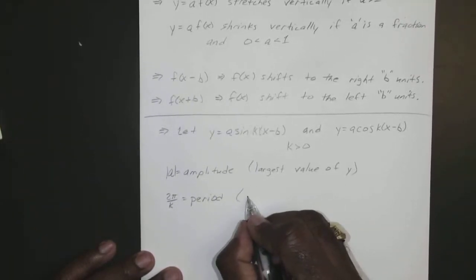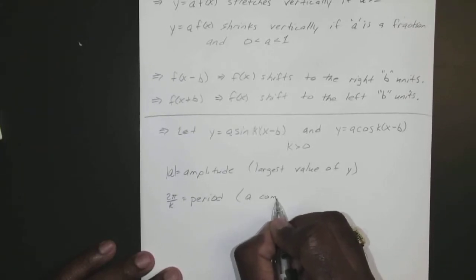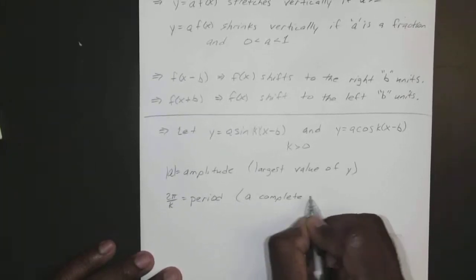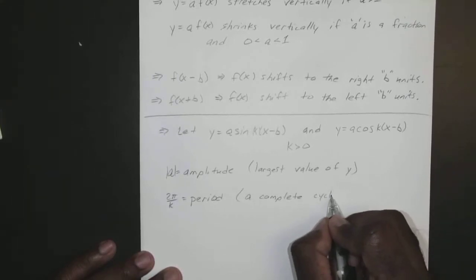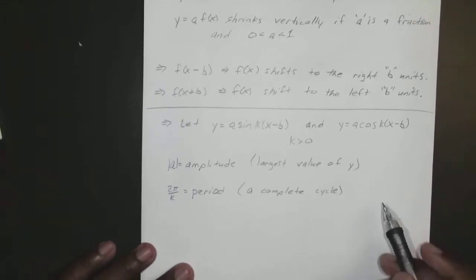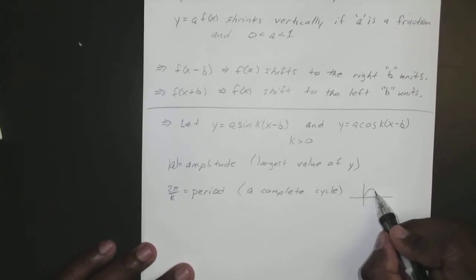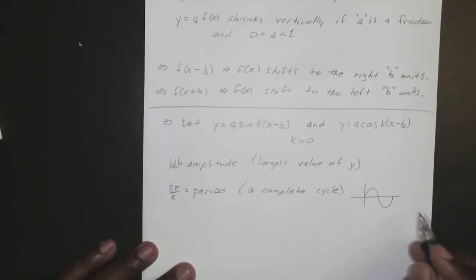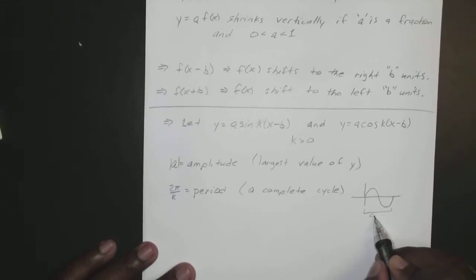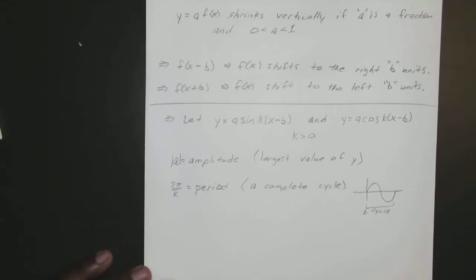So this is just a complete cycle. Like I said, if we wanted to do a quick graph of it, this would be your cycle, or one cycle, at least for sine.